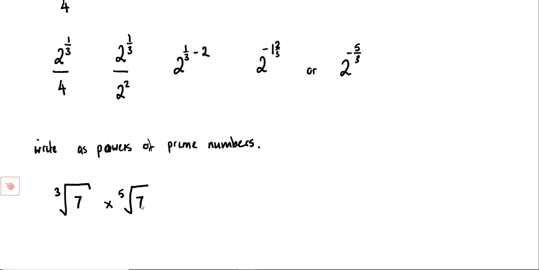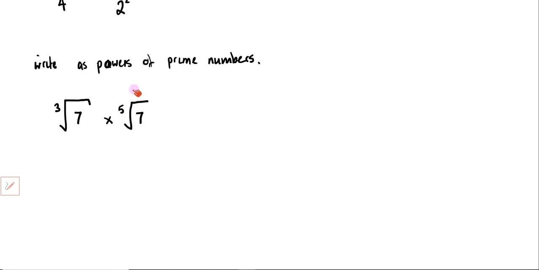Nice and easy one to start with. Would you convert them to 7 to the power of a third multiplied by 7 to the power of a fifth, and then add 1/3 plus 1/5?